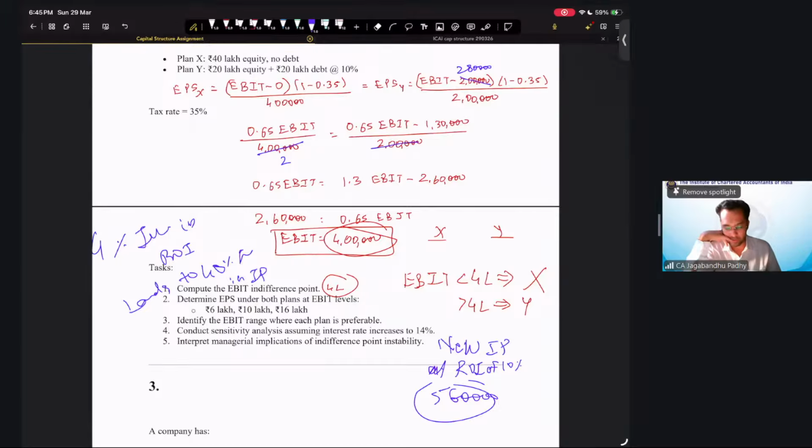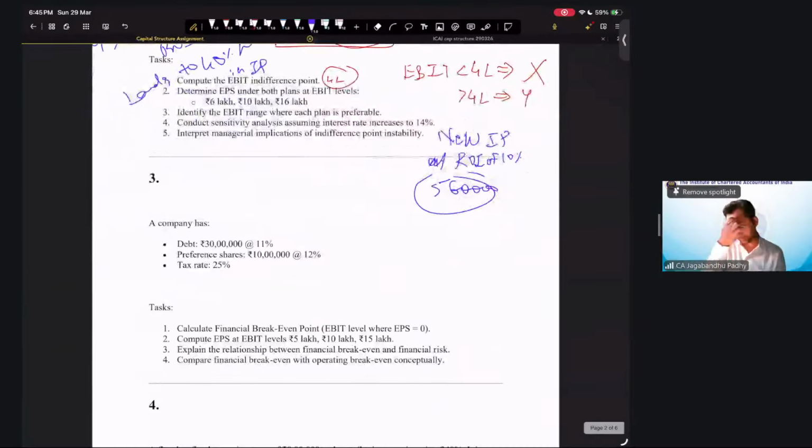Got it? Interpret the managerial implication of indifference point instability. The indifference point is dependent on the rate of interest. So as the rate of interest changes, the indifference point is also going to change, right? Therefore, this is definitely a changing thing. The implication is that you need to recompute the indifference point again and again. Okay, fine.